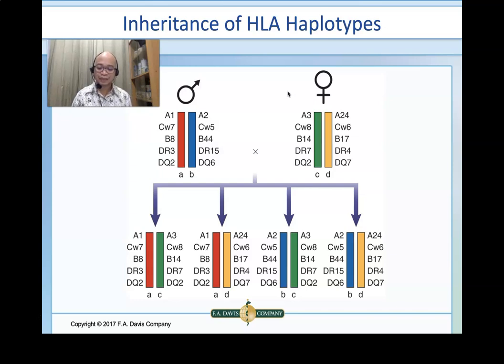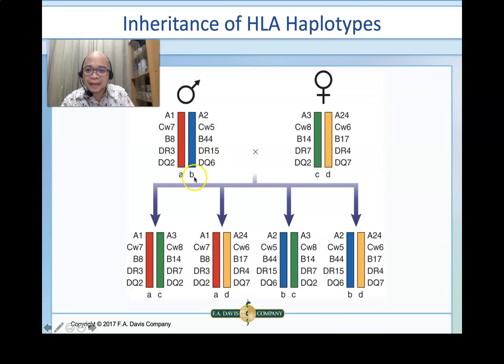Elucidation of haplotype sharing between siblings is an important assessment whenever you are searching for a transplant donor. For example, the first sibling got this haplotype from the father and this haplotype from the mother. So there are 4 possible different combinations.